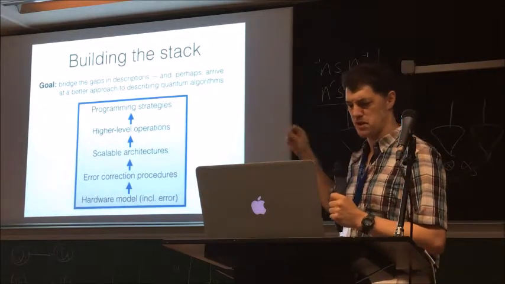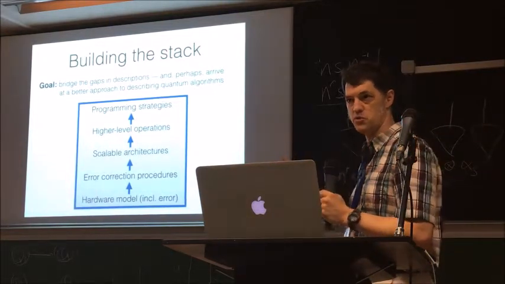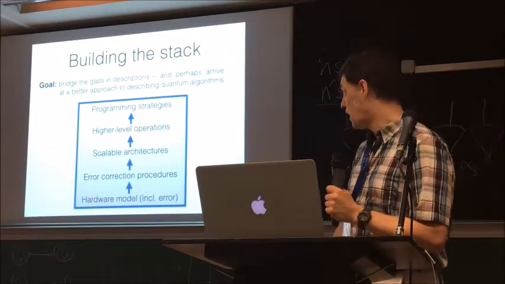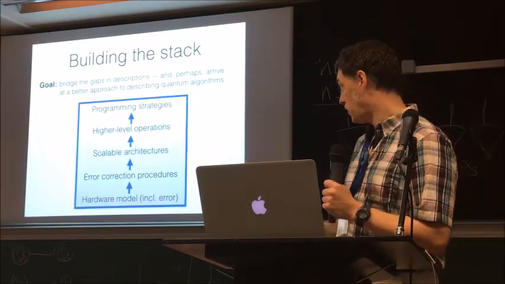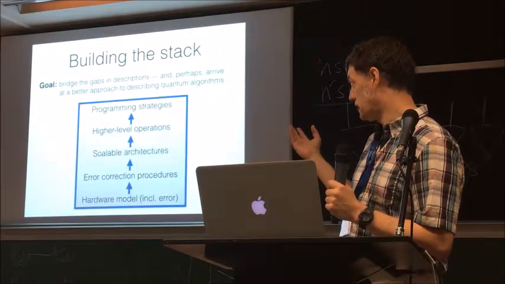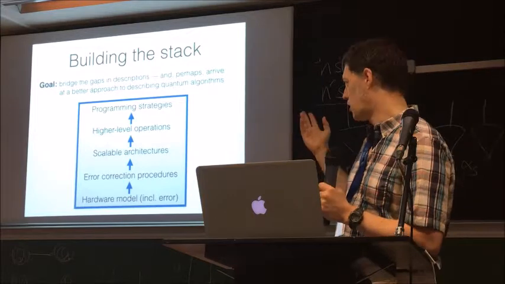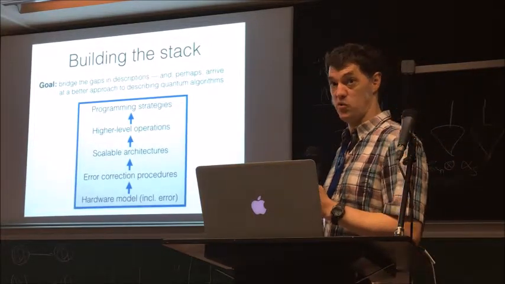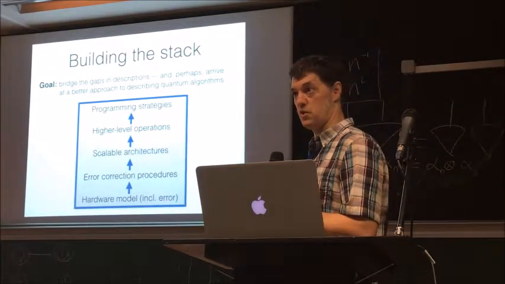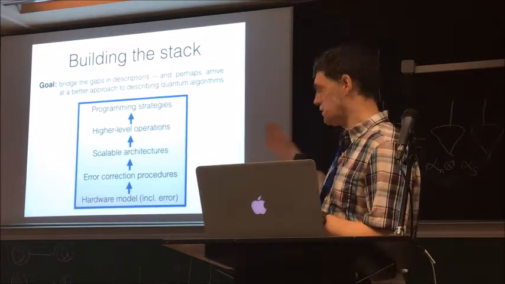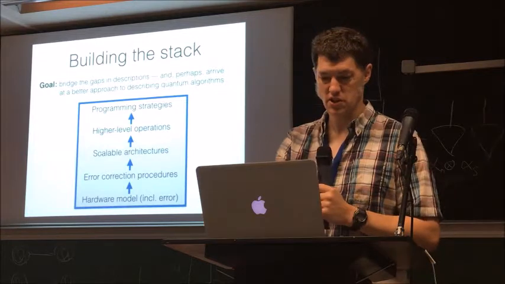By architectures, I just mean how you're going to arrange the modules in space and have them interacting with one another. Then, what these architectures motivate in terms of higher level operations, that is to say operations on encoded data, where you have the freedom to pretend that they're noiseless because the noise is sufficiently low that it's a small white lie. And then whether or not this gives you an idea of programming strategies.